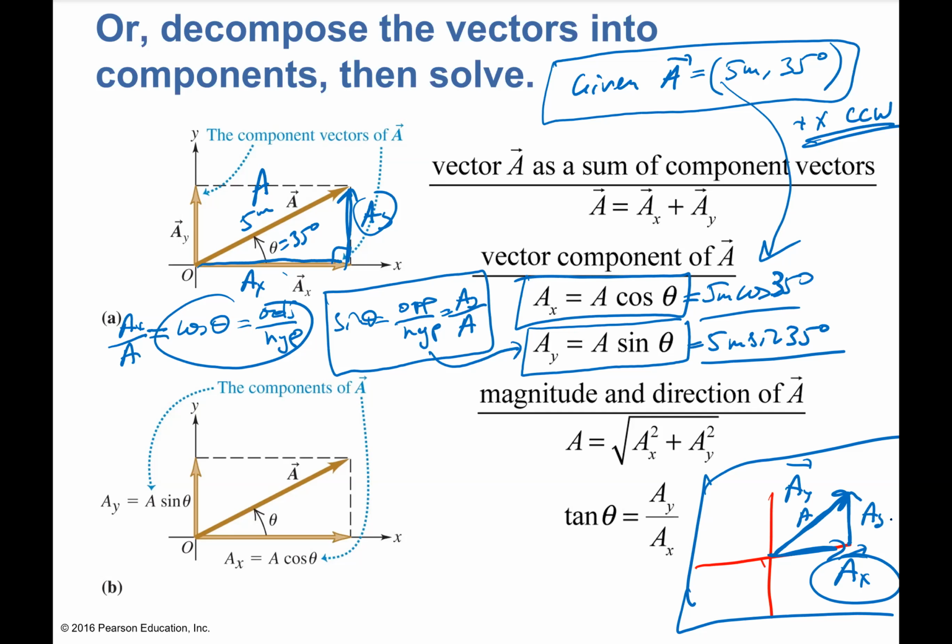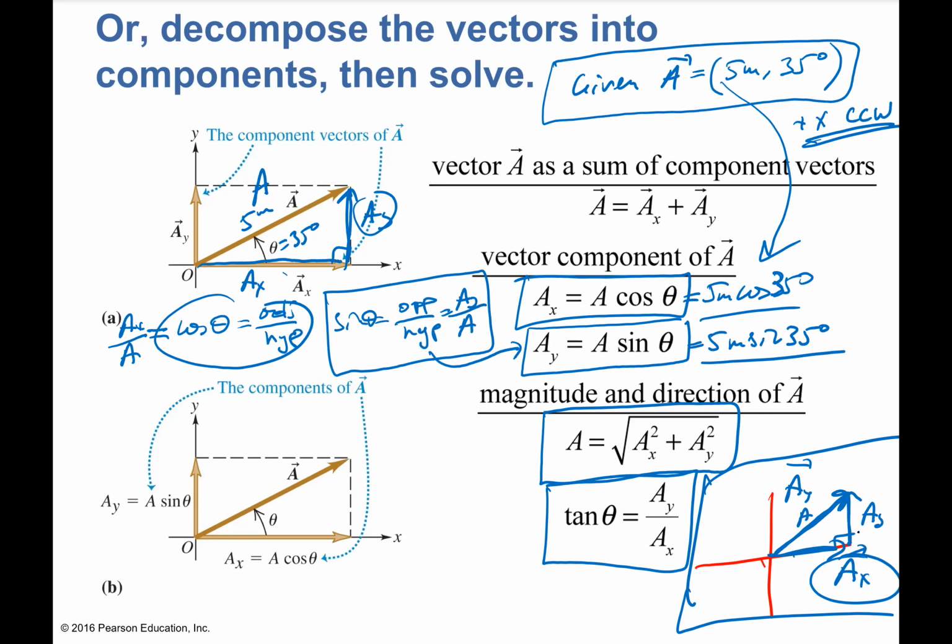So this is A, this is AY, and I can then say, again using the Pythagorean theorem, A has the magnitude calculated by the square root of AX squared plus AY squared, and has a direction that can be found using the tangent of theta equals AY over AX. That means you can use the Pythagorean theorem to find the magnitude and the direction of the resultant, or the parent vector, in terms of using the right triangle.